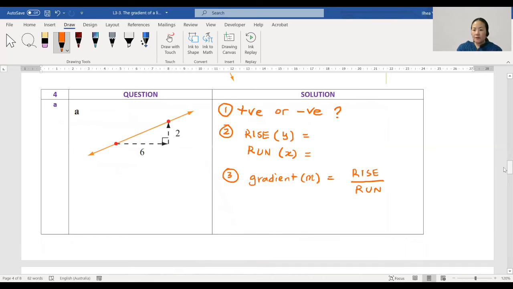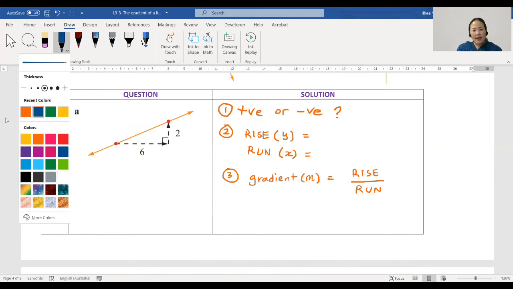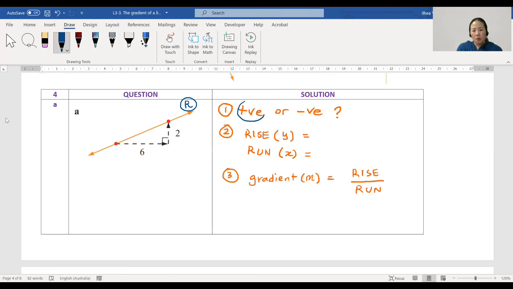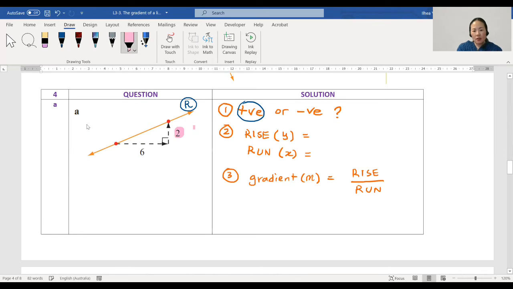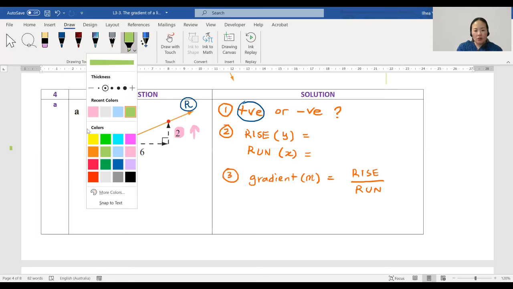How am I going to find the gradient of this line? First step is I have to find out whether it's a positive or negative gradient. Now, this is going towards my right-hand side, isn't it? So it's going to be positive. It means it's going to have a positive rise. Now I have to decide which one is my rise and which one is my run. My rise is the vertical one, going up, and my run is the flat horizontal one.